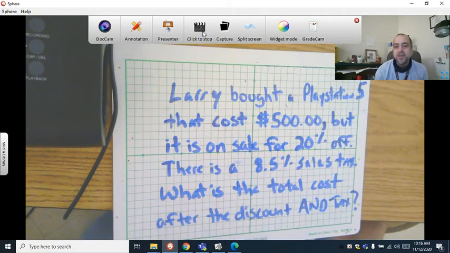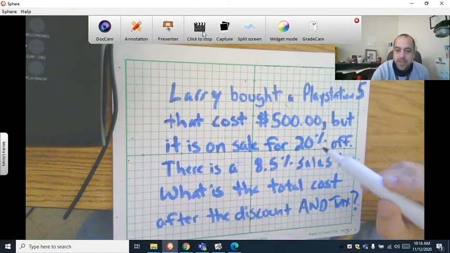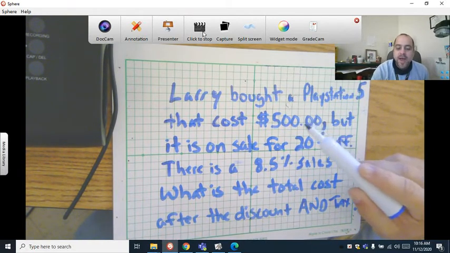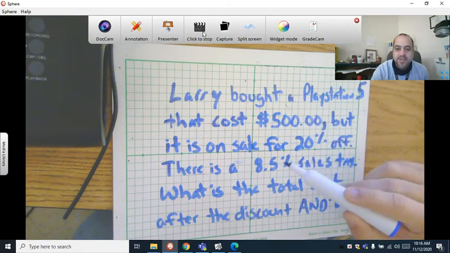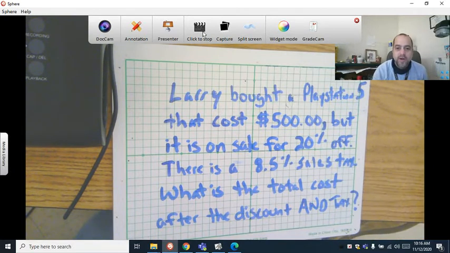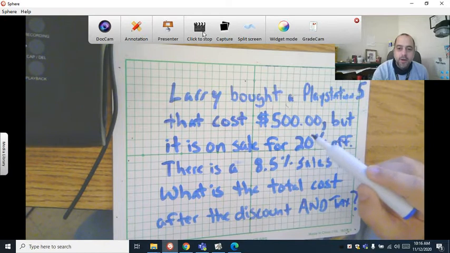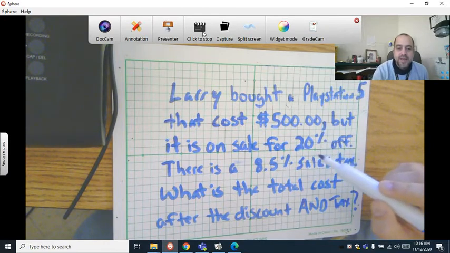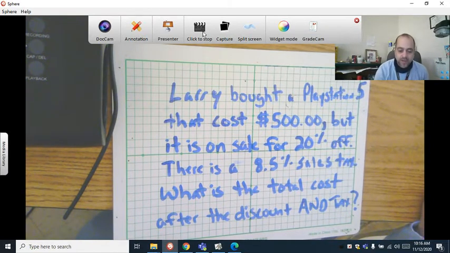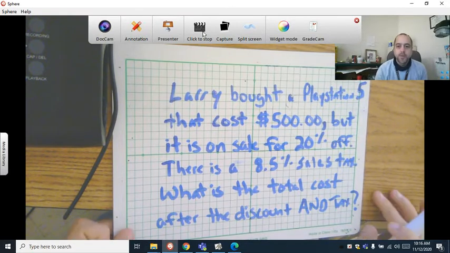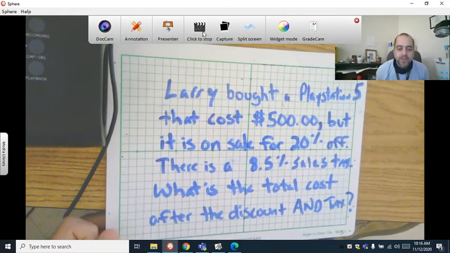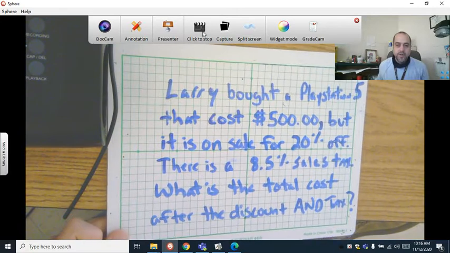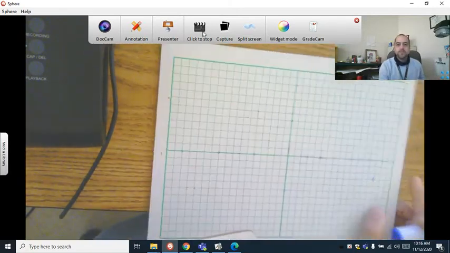So the answer should be less than $500 because the discount is more than the tax. All right? So like if this discount wasn't here and you had to pay $500 plus this tax, it would cost more than $500. We're going to get a discount first, and then we're going to put a tax on it, and let's see what we come up with. Okay? All right, let's see what we come up with for how much Larry has to pay for the PlayStation.